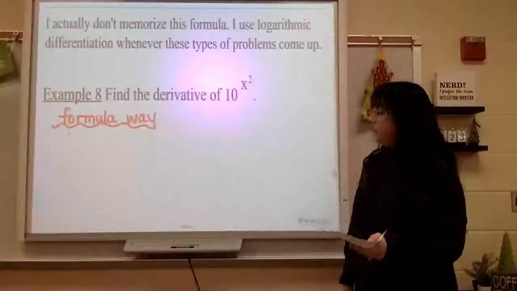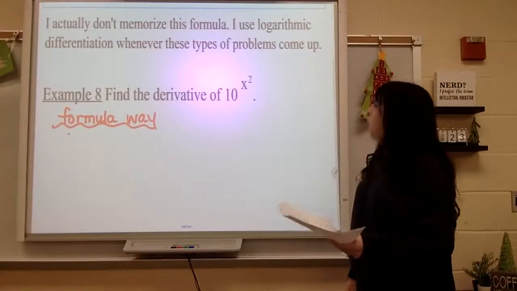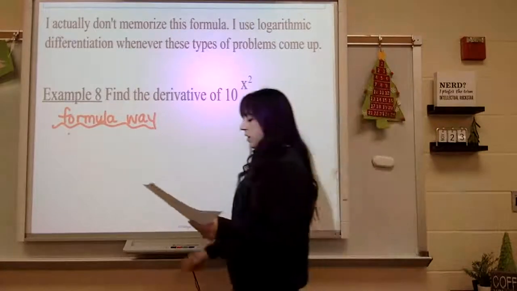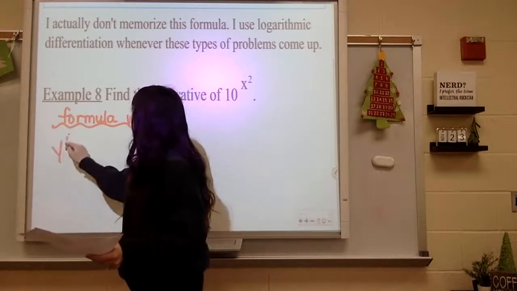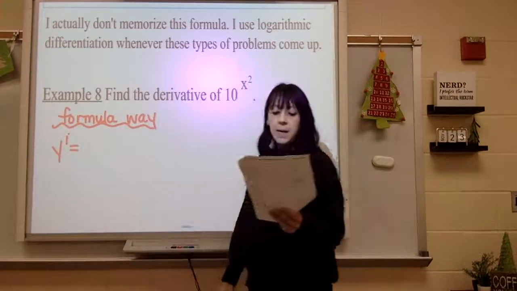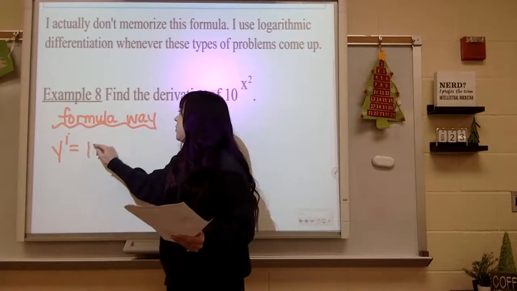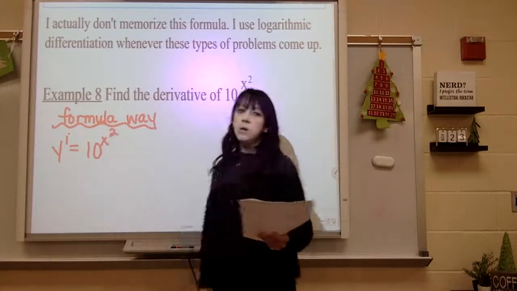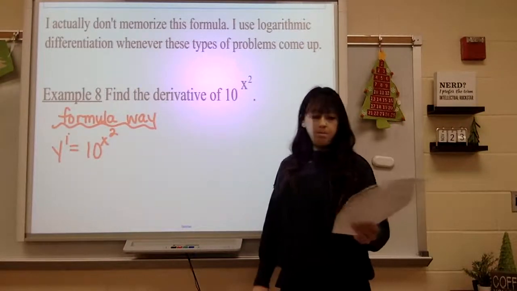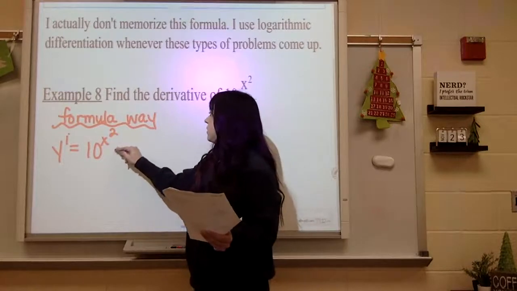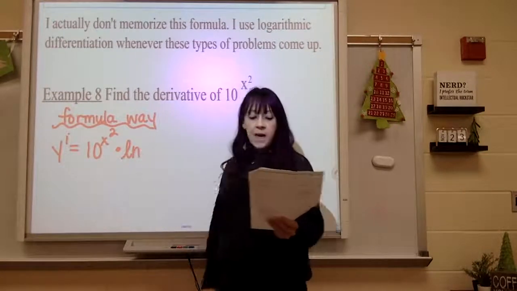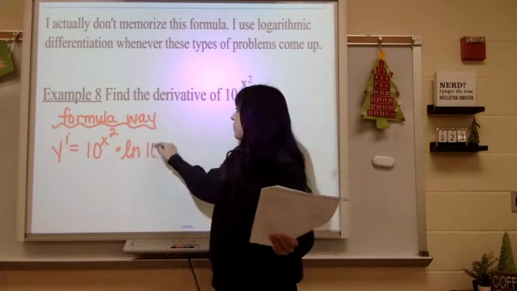So find the derivative of 10 to the x squared. So I would say, using my formula way, the derivative is a to the x, which means the equation itself, 10 to the x squared, times ln of a, and that would be ln of 10.